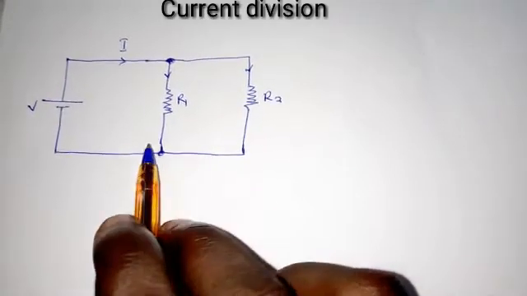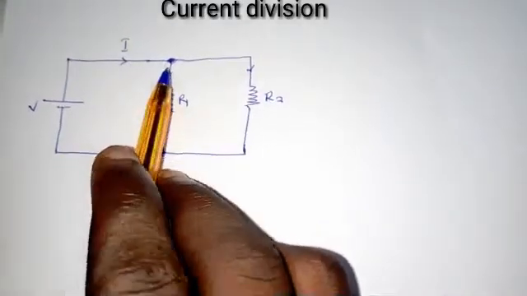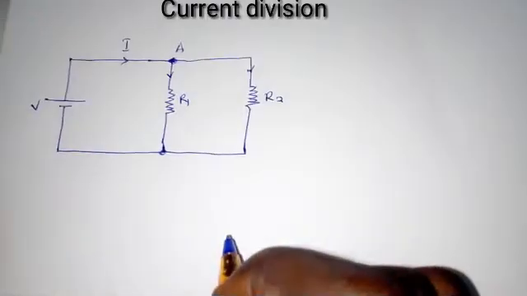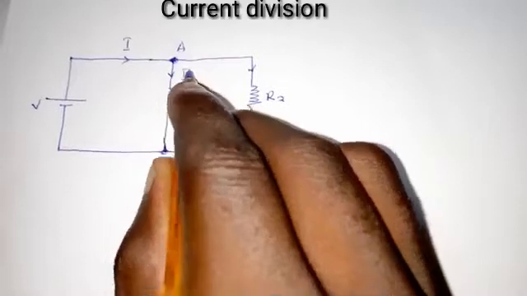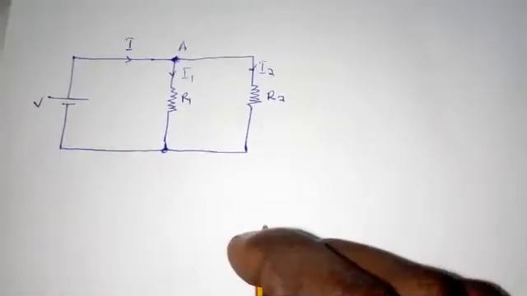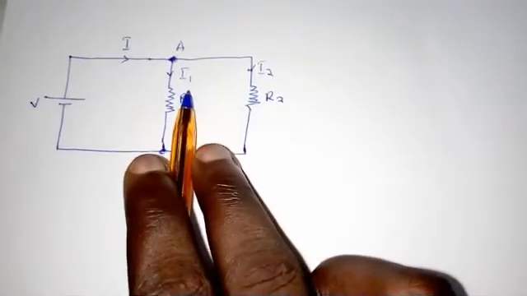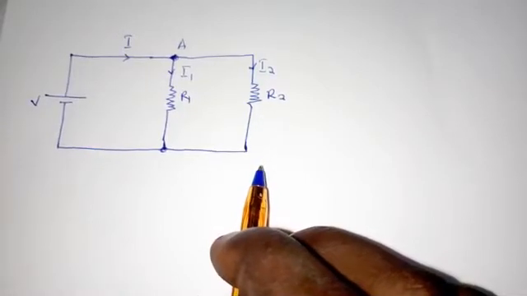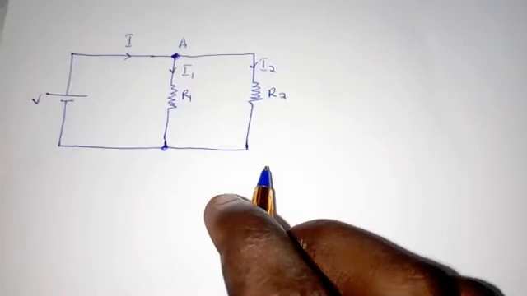When you consider this circuit, I is the total current, and when it reaches node A, it splits into two, becoming I1 and I2. To find I1 and I2, we can use the current division law. So let's see how we do that.